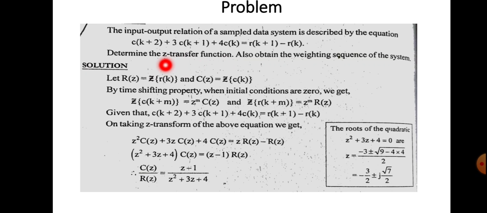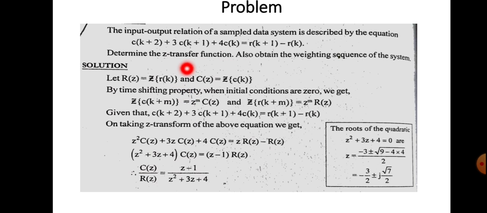So you have to remember the equation for H of z whenever input and output are given. Here r of k is the input and c of k is the output. That is our general notation, and from this we will obtain H of z by finding the ratio C of z divided by R of z. Okay, that is our aim.